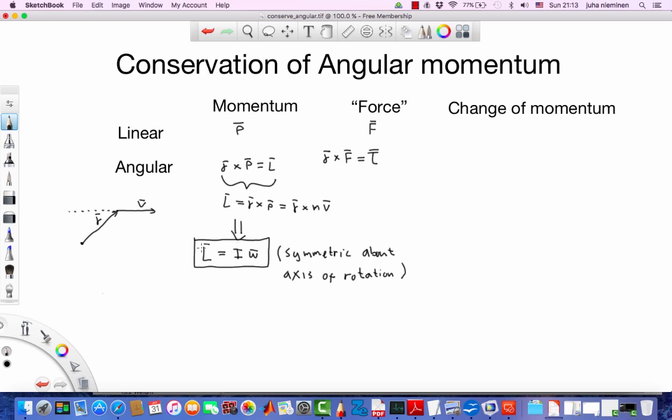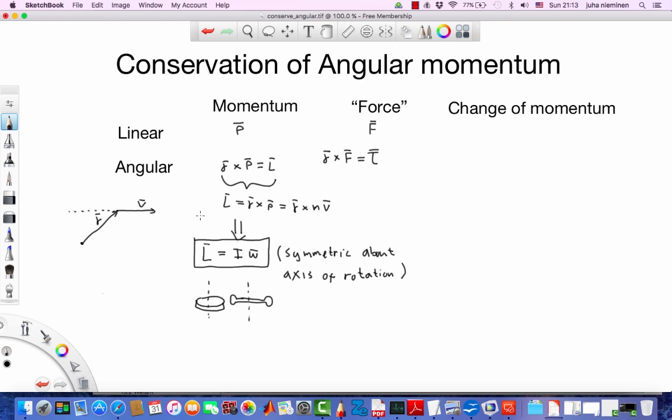That is important to remember. So what are the objects that are symmetric about the axis of rotation? Anything that is round, like flat disks or gears. A dumbbell is one that comes to my mind right off the bat.